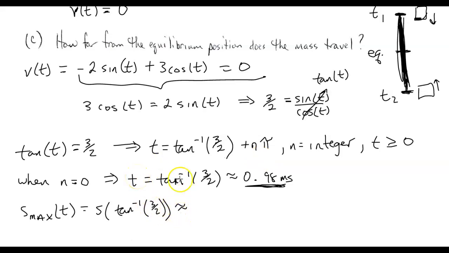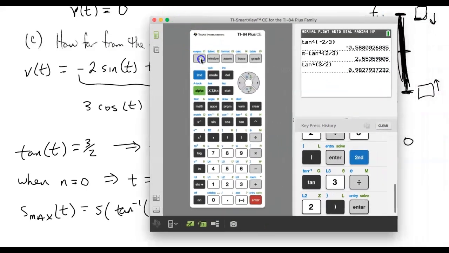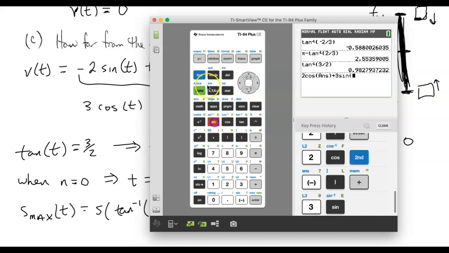So we'll come back here and actually just use this function for that. Our original function was 2 cosine, and I'm just going to use the answer that we got from last time here, and then plus 3 sine of the same answer.